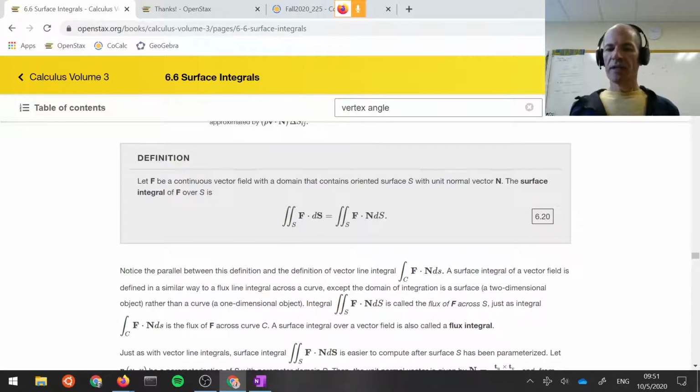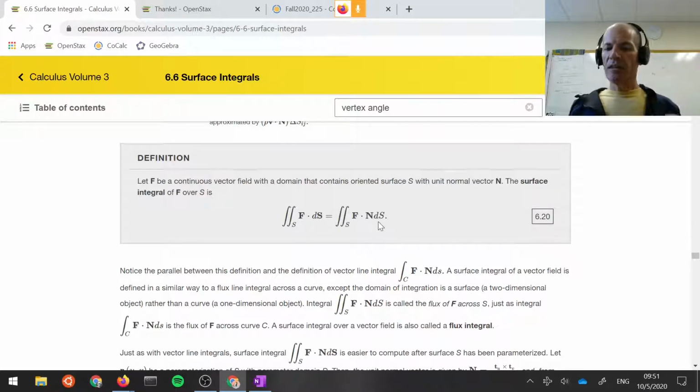How does this work? So you parameterize the surface, and then it's easy to compute n just by computing RU cross RV. And once you do that, this is the standard normal vector. You would normalize it. And what is the normalization? It's RU cross RV divided by the magnitude of RU cross RV.